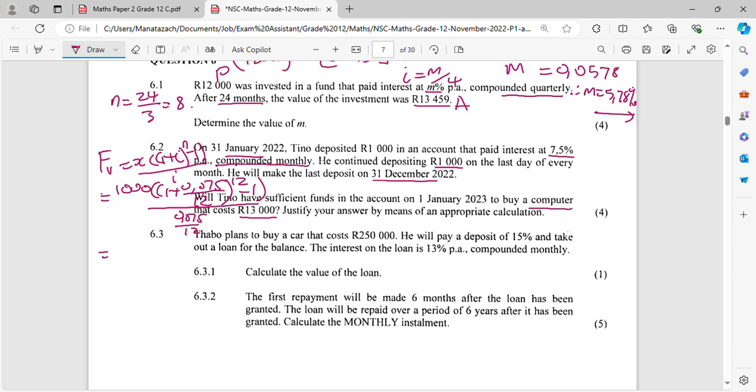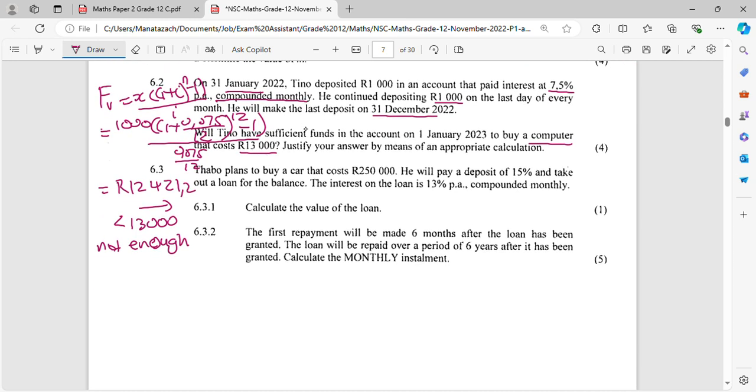I'm getting that the future value by the end of the year, he'll be having 12,421.2 rands. As you might notice, this is way less than 13,000. So he won't have enough. He needs to step up and save more than 1,000 rands, then he will make it at the end of the year.